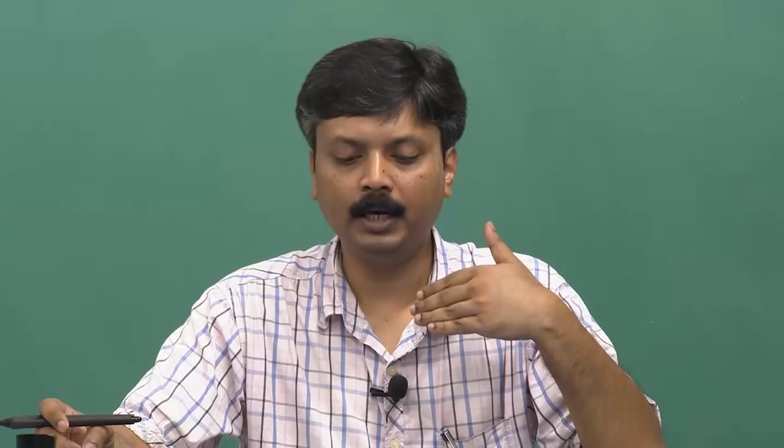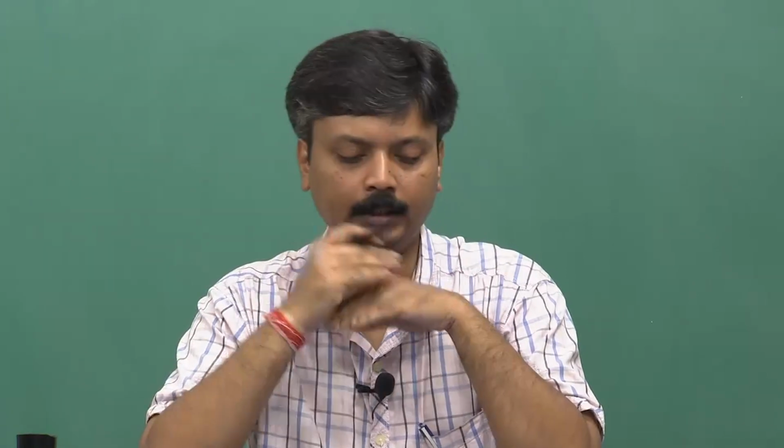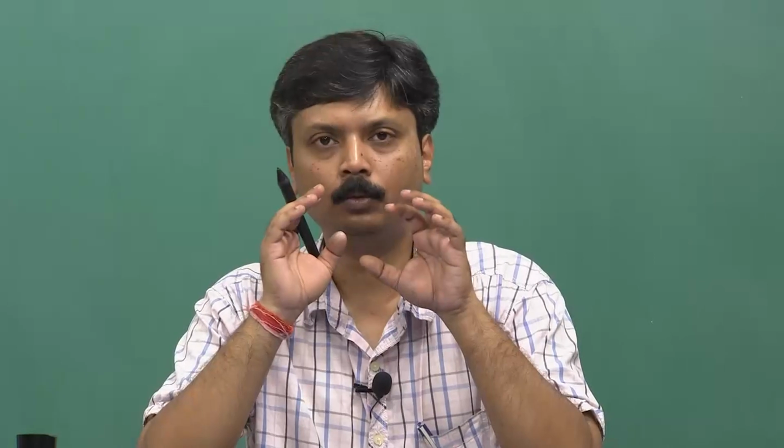Yttrium aluminium garnet, which has the formula Y3Al5O12, just acts as host to these neodymium 3 plus ions. The energy levels of neodymium ions are naturally degenerate. That means several states are there which have the same energy when you do not perturb the energy states.